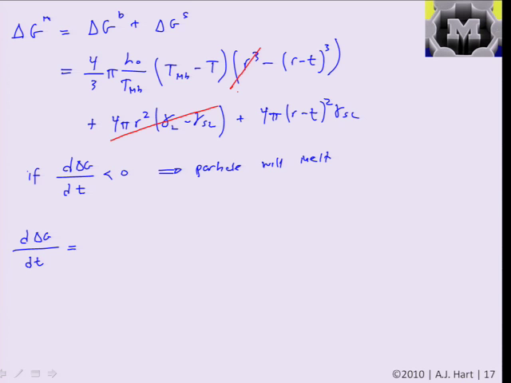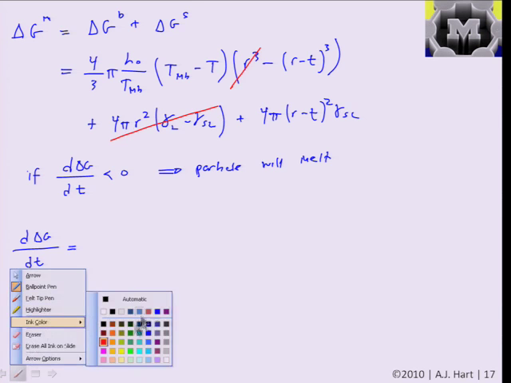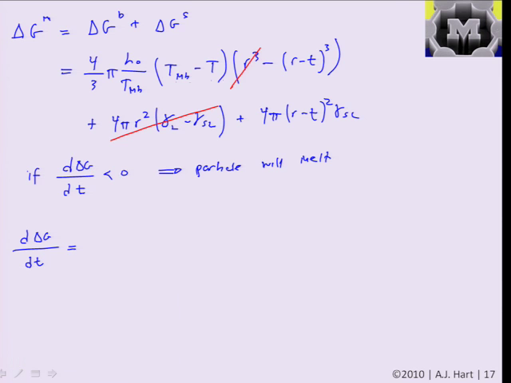So both of those will immediately drop out of the derivative, and we start writing it out. We need the first derivative of this r minus t cubed, so let's bring out a -3, and then the prefactor all remains. And we have r minus t squared as our first term.